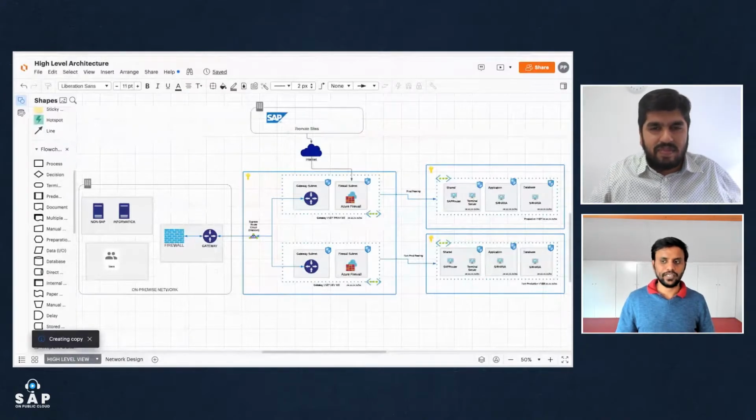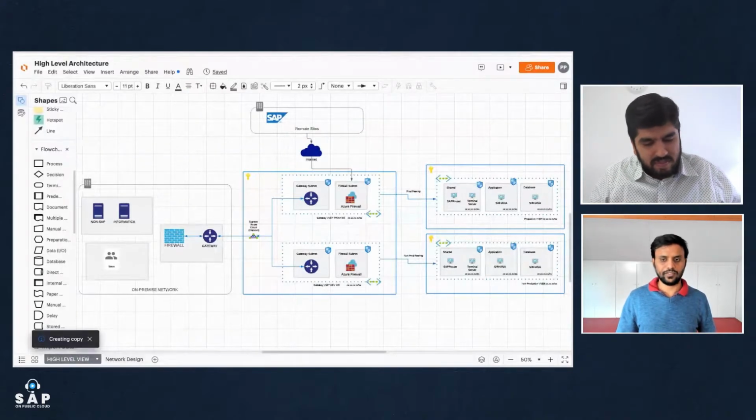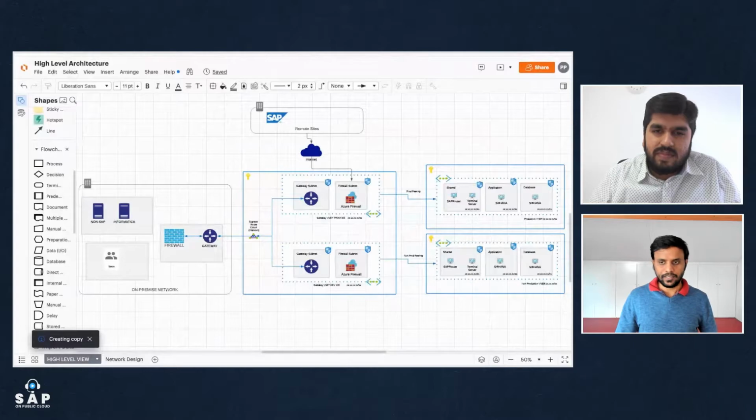Those are areas that are still not really clear to many of our SAP basis colleagues, and that is also one of the reasons we have this platform, to bring them up to speed in terms of not just the infrastructure or VM that you get from Azure, but also the underlying components.